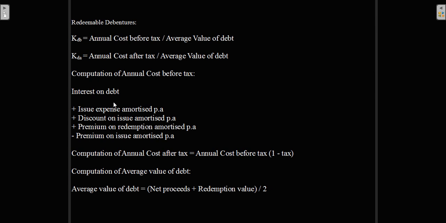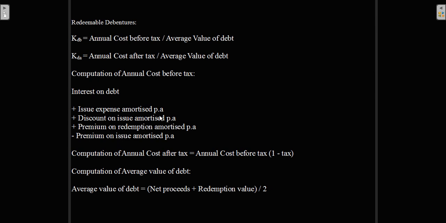We must understand that everything that incurs cost to the company will be added, and everything that is treated as an income or excess will be deducted. So issue expense, discount on issue, premium on redemption will all be added together, whereas premium on issue will be deducted.